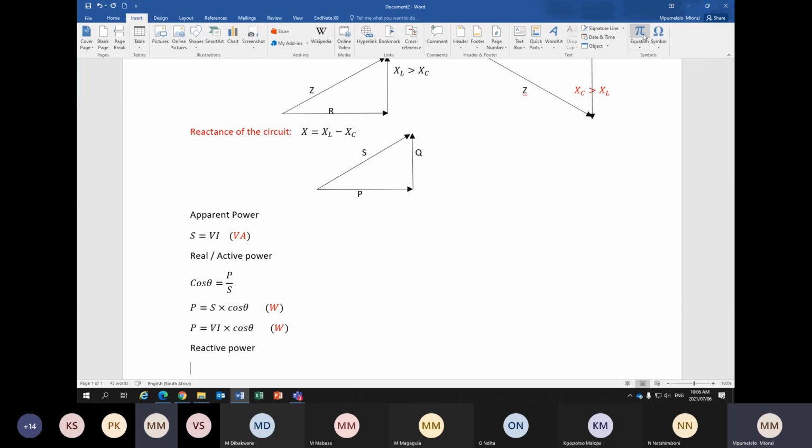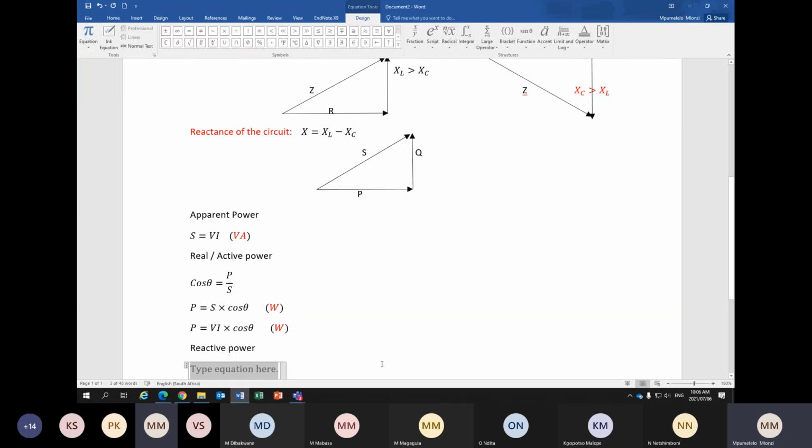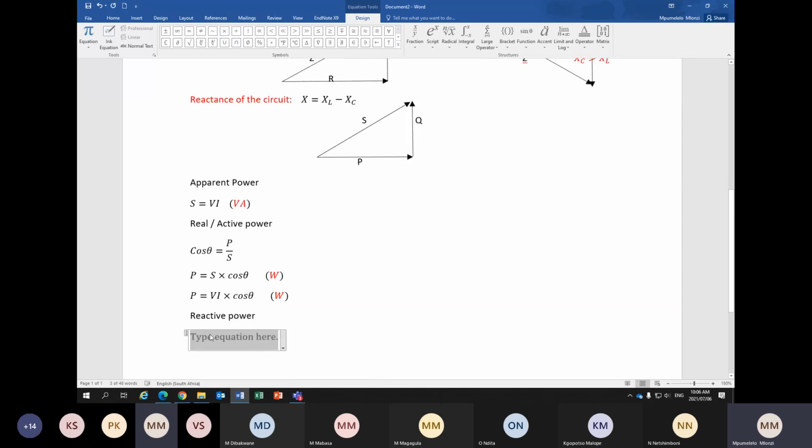I will explain what the reactive power and apparent power are as we go on with the slides.